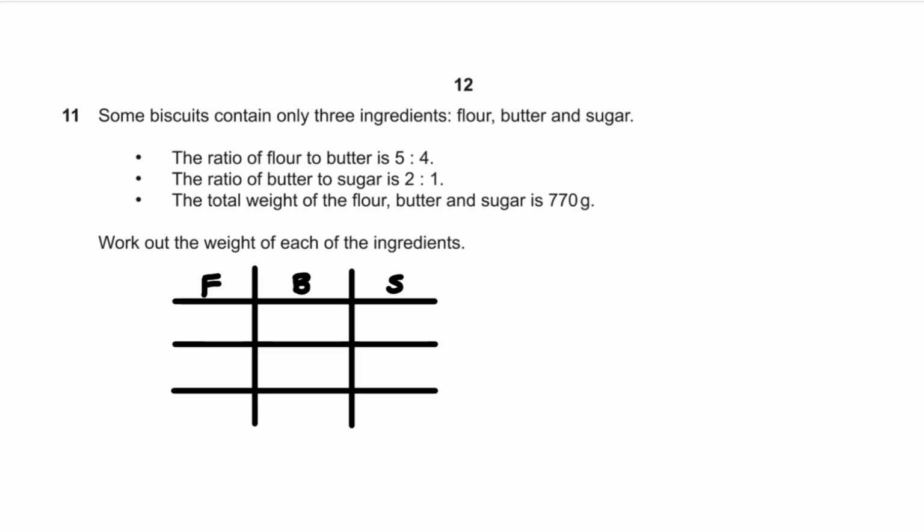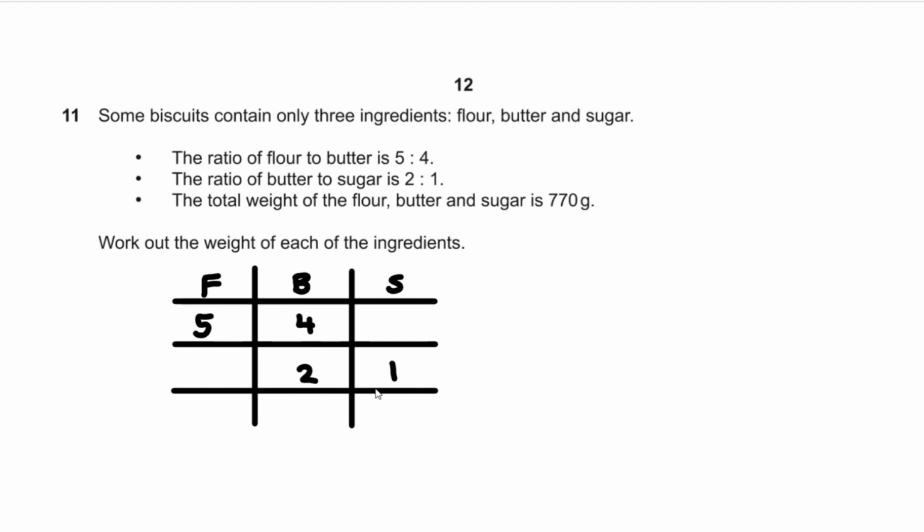Here we have a ratio table. We know the ratio of flour to butter is 5:4. We know the ratio of butter to sugar is 2:1. Let's find out what the ratio of flour to butter to sugar is. Well, here we have a 4 and here we have a 2.